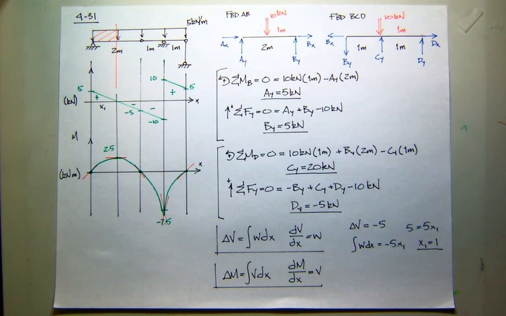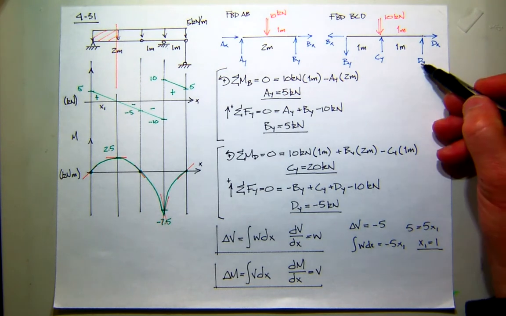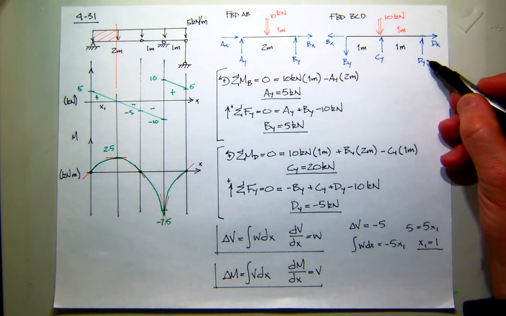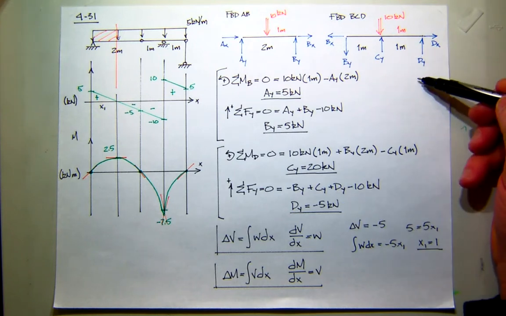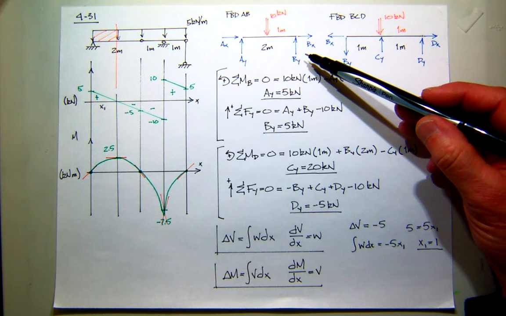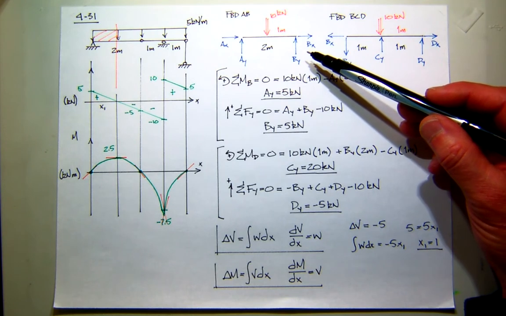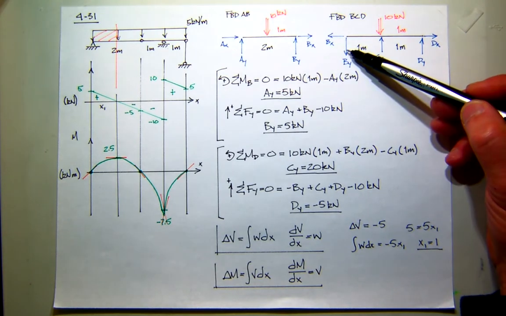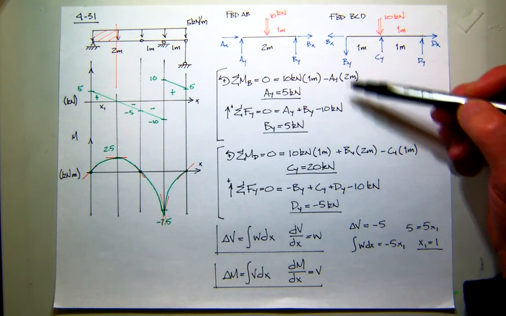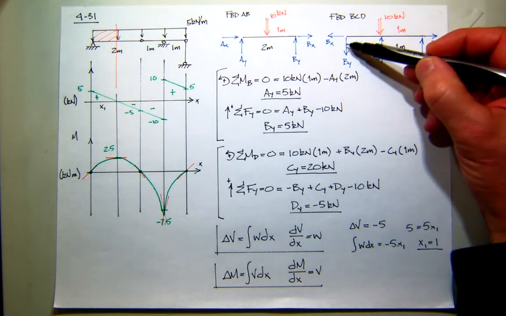Okay, any other questions? Yeah, I got one. On the free body diagram BCD, we have force By, which is equal to 5 kilonewton, acting down. On the second free body diagram, we came out with By as positive, so this is the right direction.